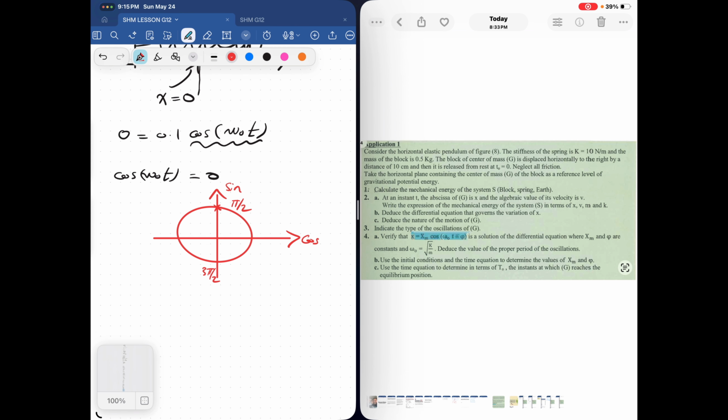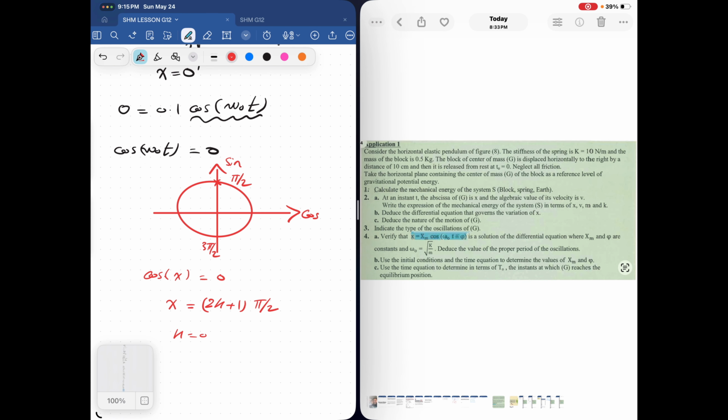And so now we know that the cosine function is equal to 0 when x is an odd multiple of pi over 2. K is equal to 0, 1, 2, 3, etc.